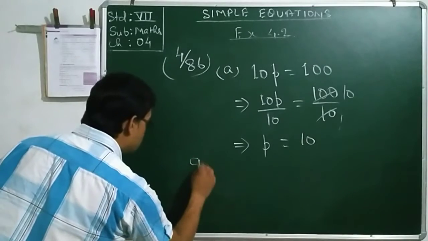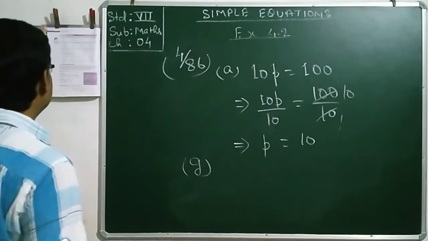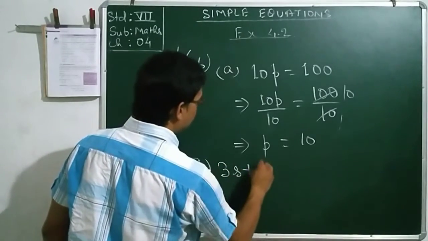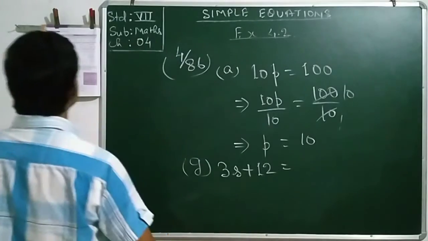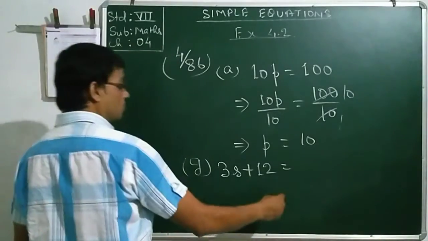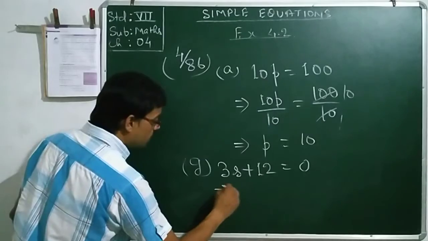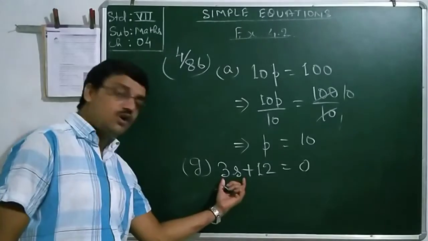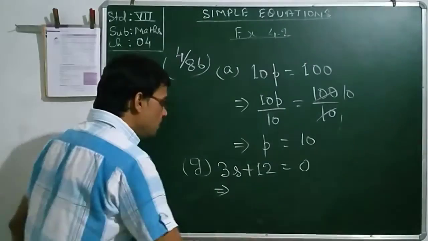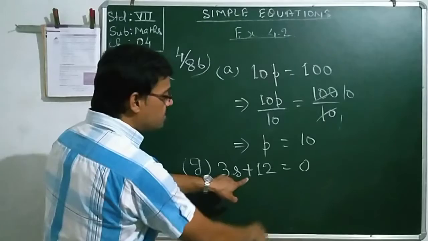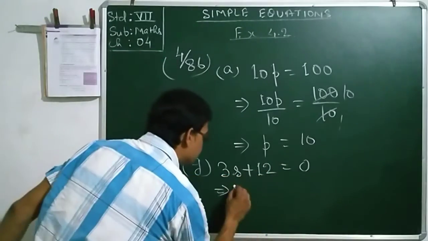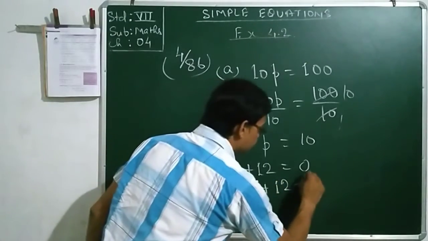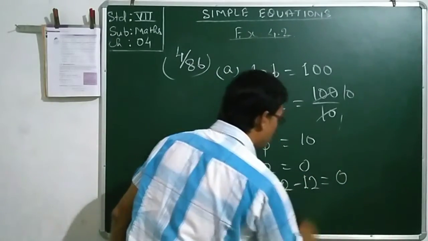Let me explain one more sum, like G number. It's 3s plus 12 equal to 0. In the next step, to separate this 3s, because this term contains the variable, we will subtract 12 from this expression. 3s plus 12 minus 12 equal to 0.